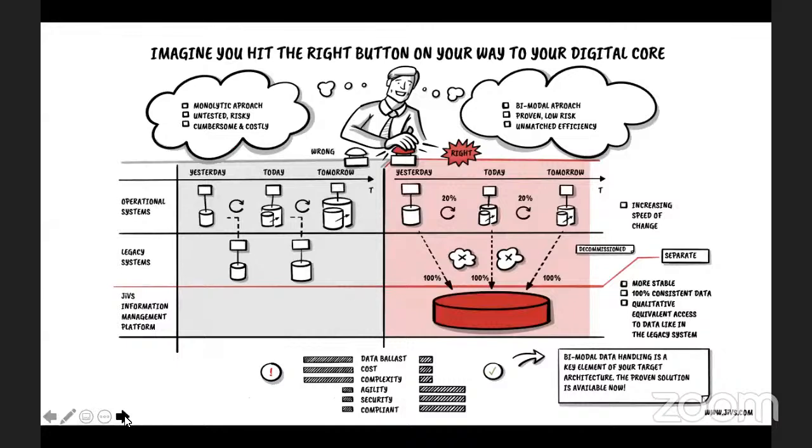I mentioned a substantial reduction of IT operational cost in the beginning, and how do we do that? At the end of the day, it's not just about the cost, which is of course key, but we also substantially reduce the data ballast once you choose to take that step towards JiVS IMP.